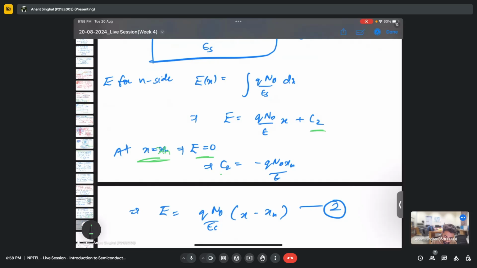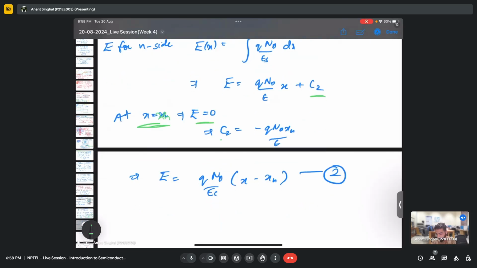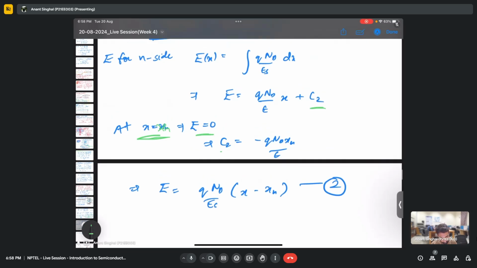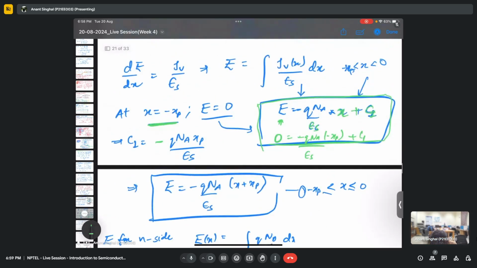Is it clear? If you still have any doubts, you can ask. Sir, on the p side, the minus should be positive for C1? You are saying C1 should be positive? Sir, it was minus there, E equals minus qNa.